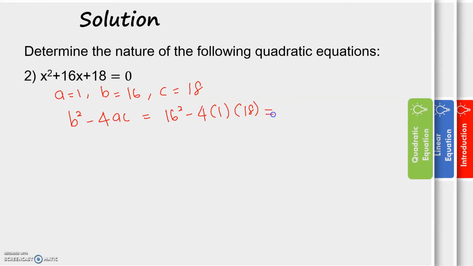When we solve this, we get the answer 184. Our discriminant again is greater than 0, so we have real and different roots.